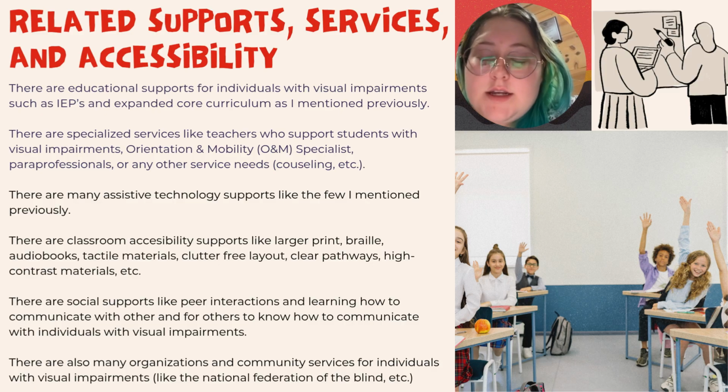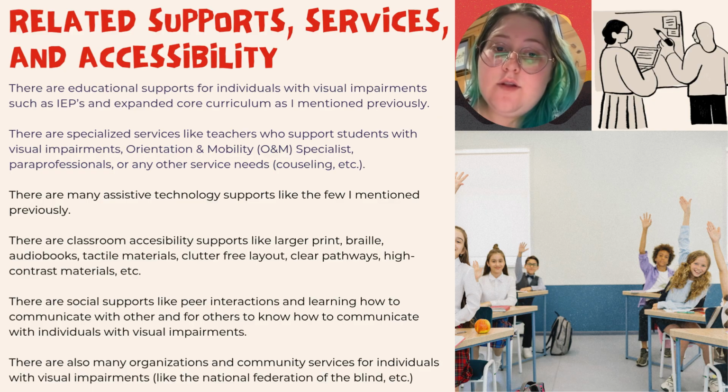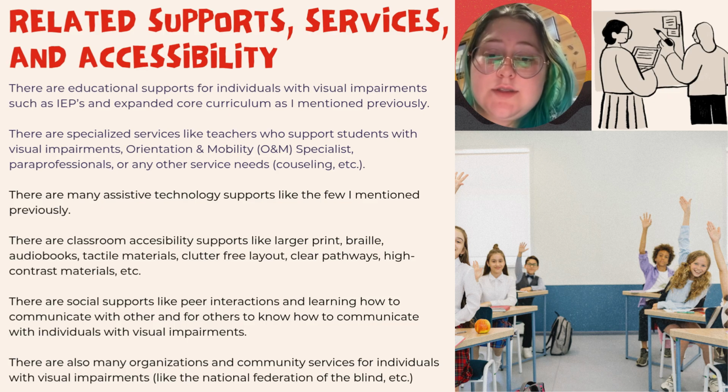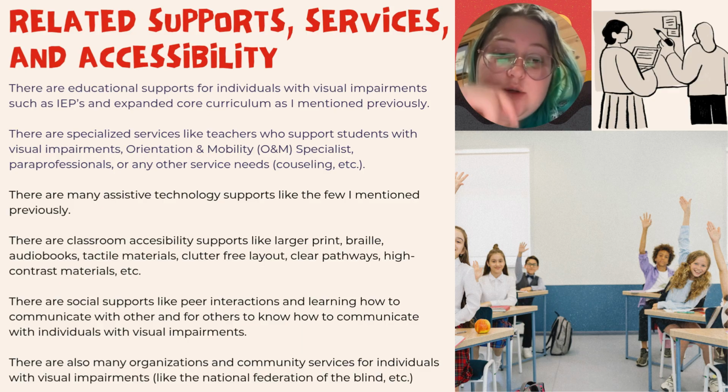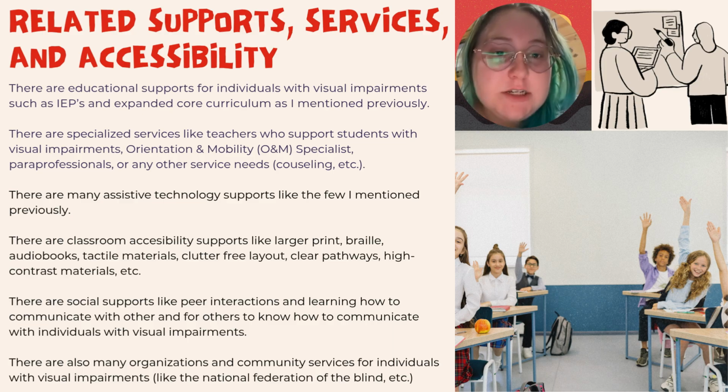There are classroom accessibility supports like the accommodations and modifications like larger print, braille, the color overlays, audiobooks, tactile materials, clutter-free layouts, clear pathways, high contrast materials. So like in this classroom down below, that backpack might trip a student who is blind.